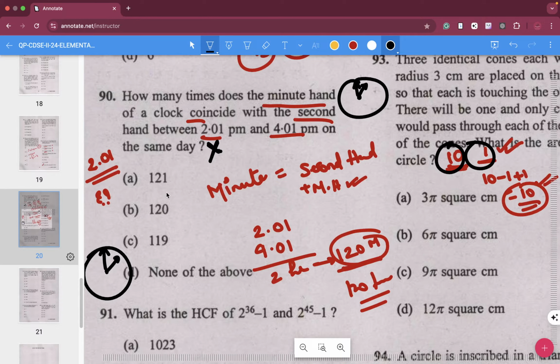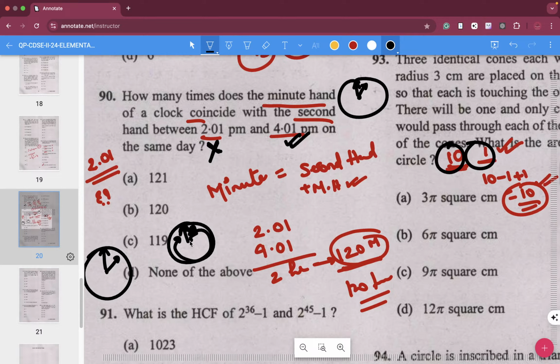But at 4 hours and 1 minute, they will coincide, isn't it? At 4 hours and 1 minute, the second hand would have crossed the minute hand so as to reach over here.